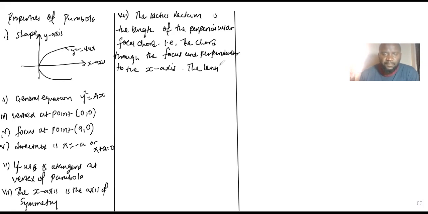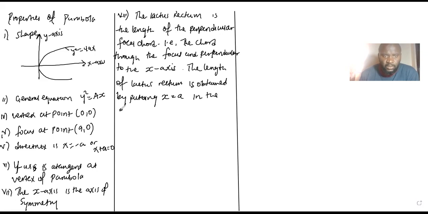The length of the latus rectum is obtained by putting x is equal to a in the equation y squared is equal to 4ax.